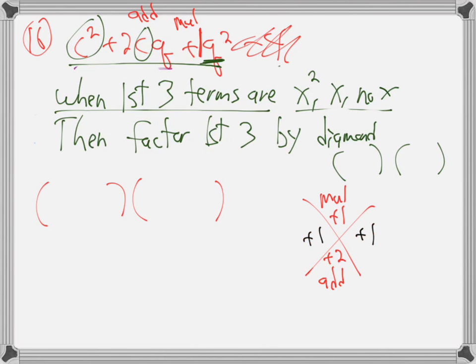So that means this is going to be c in the front to make c squared, and q in the back, 1q to multiply to be 1q squared. Both plus, because that way they'll add to be the 2cq in the middle. Does that make sense? I'm not completely done.